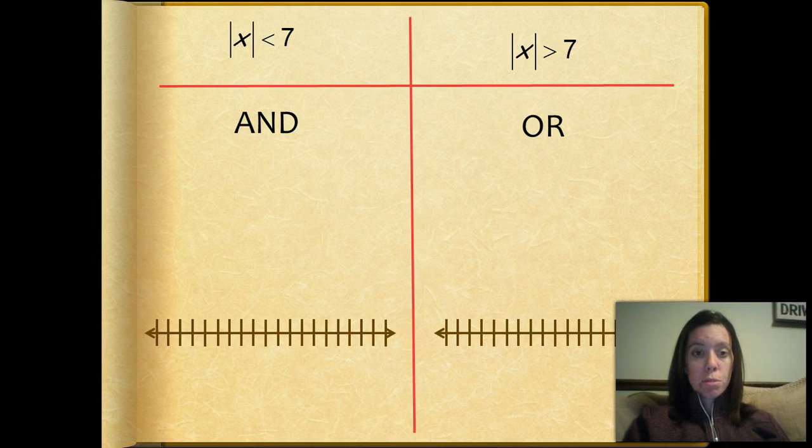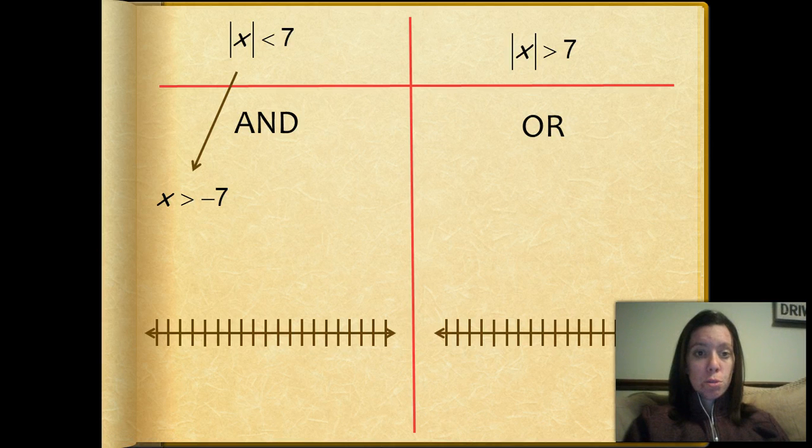From there, you split up the inequality the same way that you would split up an absolute value equation, and that's why we reviewed absolute value equations for the past few days. So we'll do this one first: you split up this inequality into two parts.